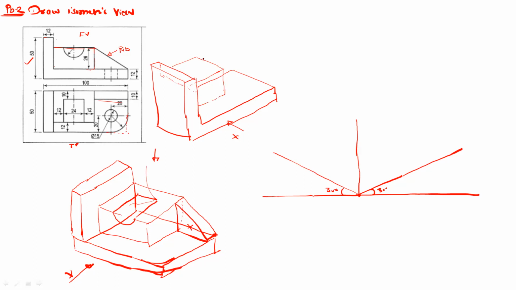Okay, and that rib portion will be like this. It will start somewhere here from this corner and extend up to this line, and this is the semicircular slot.